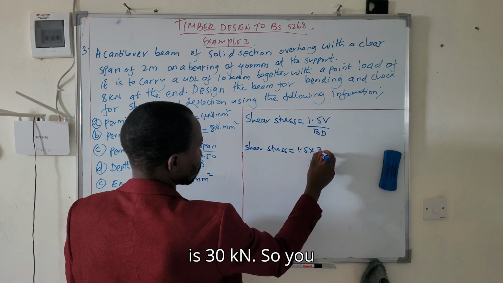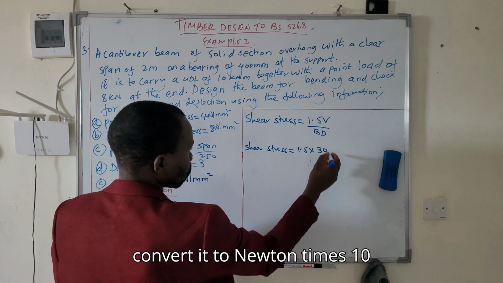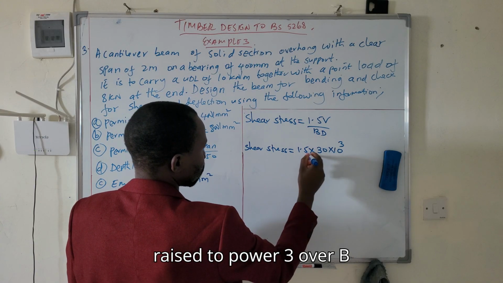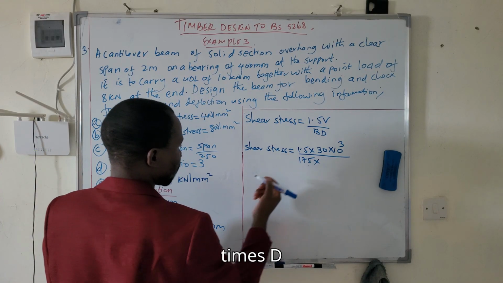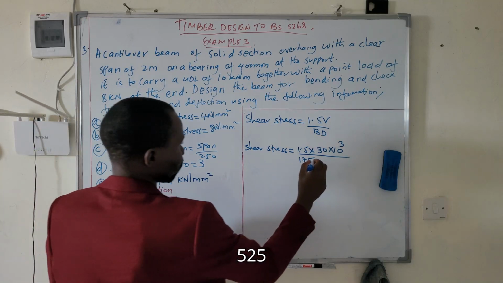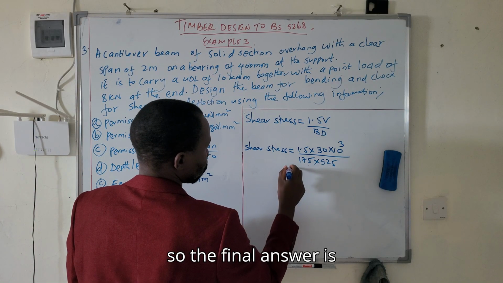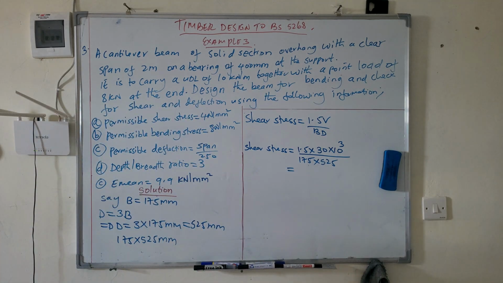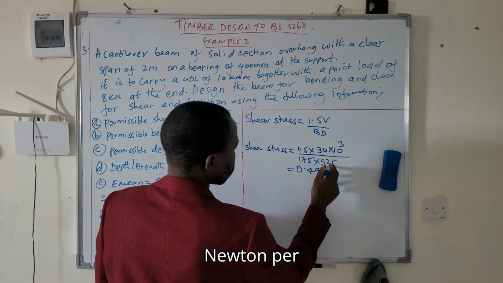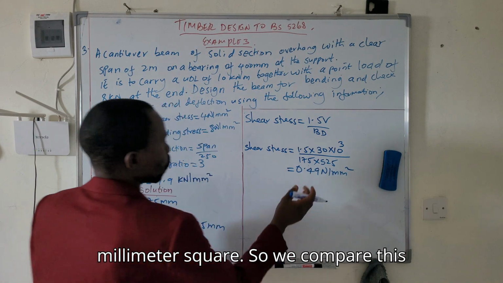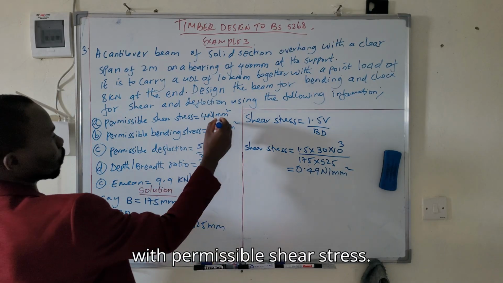V is 30 kilonewton, so you convert it to Newton times 10 raised to power 3 over B 175 times D 525. So the final answer is 0.49 Newton per millimeter square.